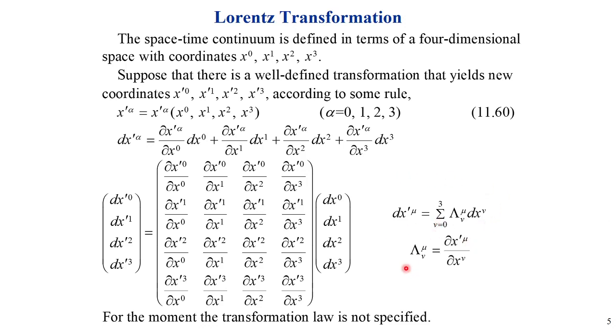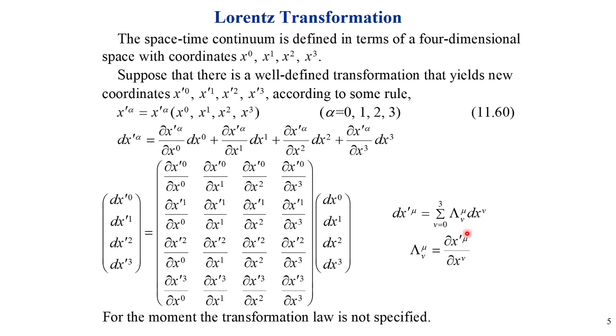So we use capital lambda with superscript mu and subscript nu. Lambda mu nu is just a definition: x prime mu over partial x nu.